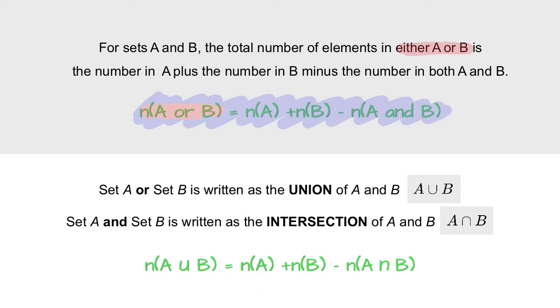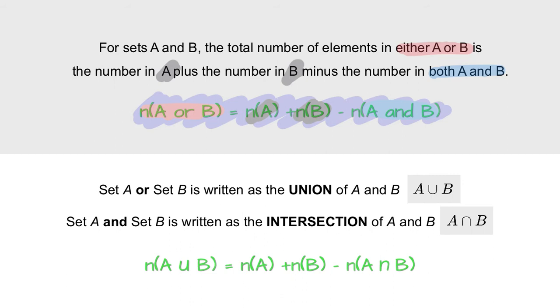Either A or B is the number in A plus the number in B minus the number in both A and B.